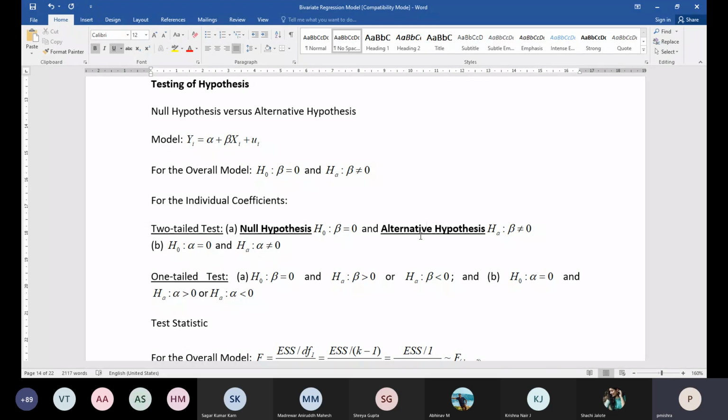Say, for example, if you are talking about the demand function for a normal commodity, this alternative hypothesis will be beta less than 0. If you are talking about the demand function for shares, then this beta would be positive, because we know we buy basically those shares for which the price goes up.